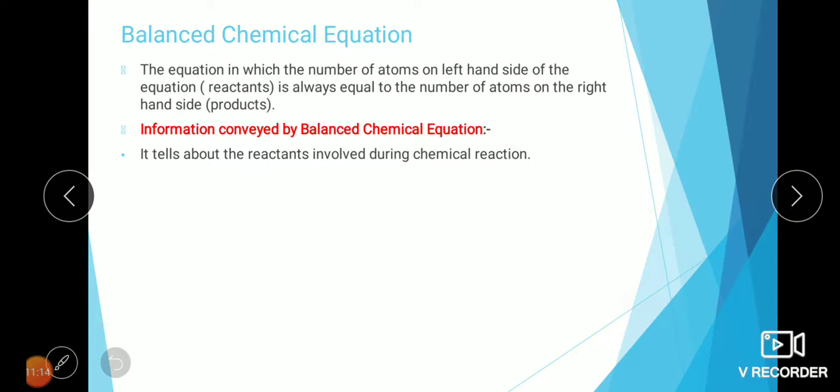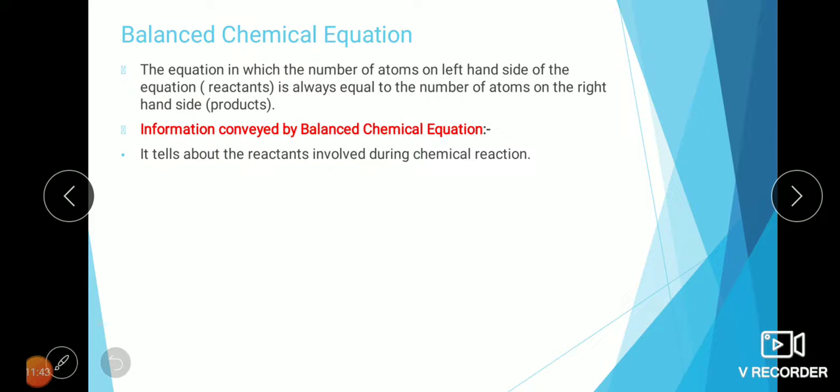The first information is that it tells about the reactants involved during a chemical change. When I said sodium hydroxide reacts with hydrochloric acid, I come to know that on the reactant side we have two compounds, sodium hydroxide and hydrochloric acid. And from the symbols itself you can understand that sodium hydroxide is a base and hydrochloric acid, that is HCl, is an acid.